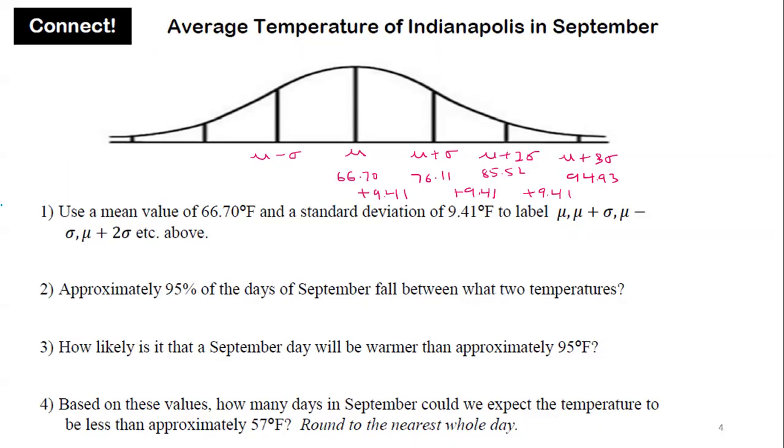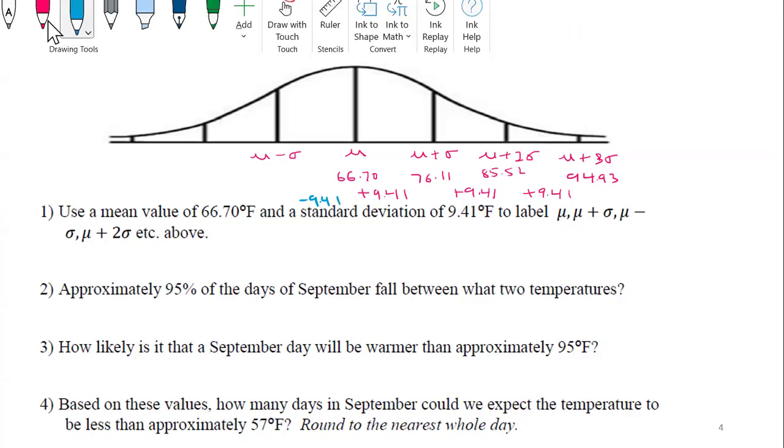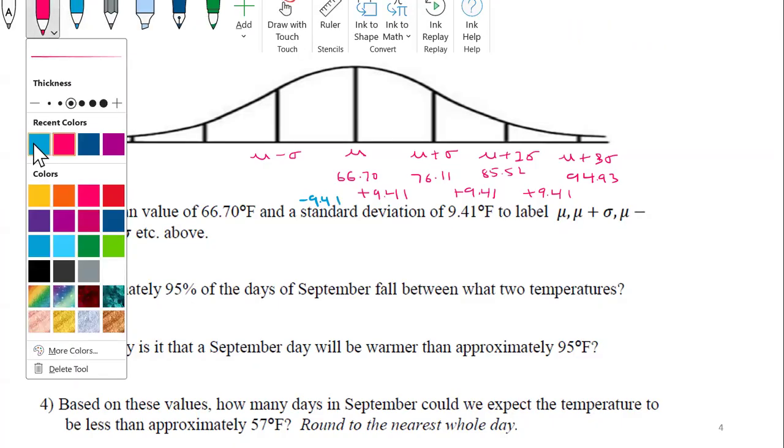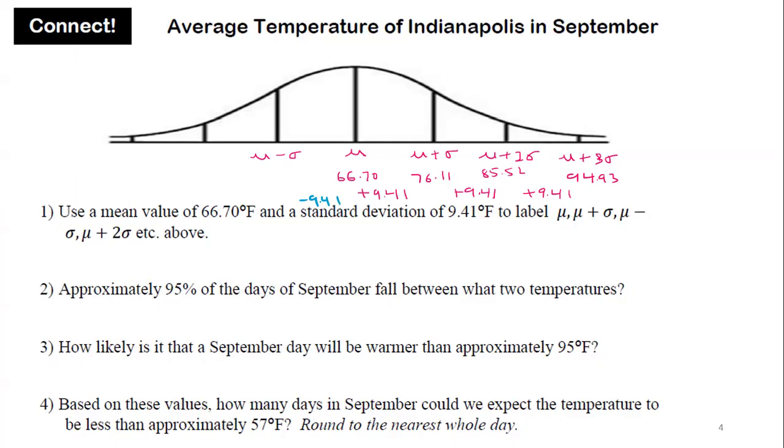Now we're going to do exactly the same thing, but the opposite, going the other direction. Now it's saying mu minus sigma, so we're going to subtract 9.41. When we subtract 9.41, we get 57.29.